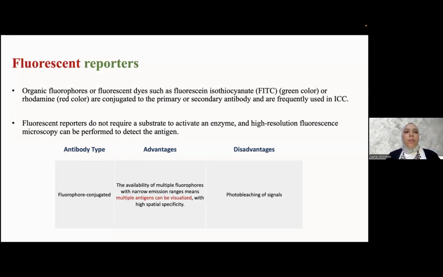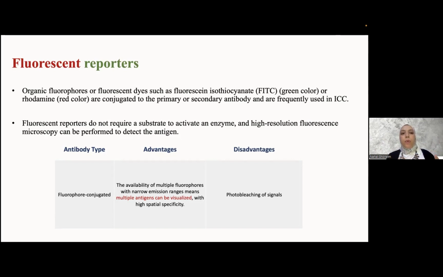So here come the fluorescent reporters. We are repeating that our antibodies are labeled by a fluorescent dye, a fluorophore. What are fluorescent reporters? Organic fluorophores or fluorescent dyes such as fluorescein isothiocyanate, FITC, which gives the green color, or rhodamine, red color, are conjugated to the primary or secondary antibody and frequently used in ICC, immunocytochemistry, or immunostaining, or immunofluorescence staining.